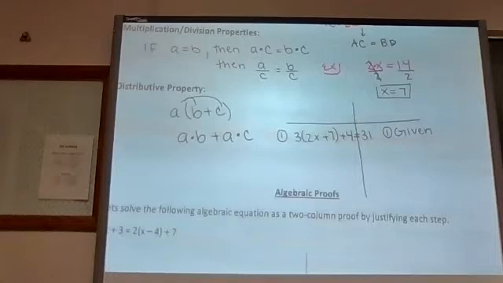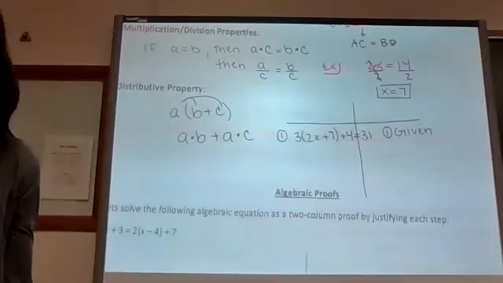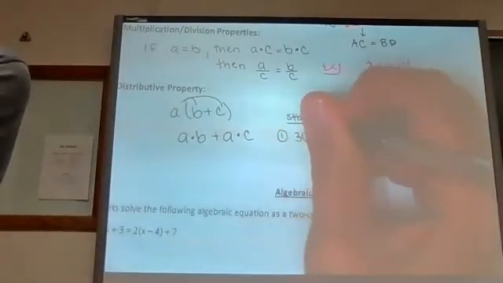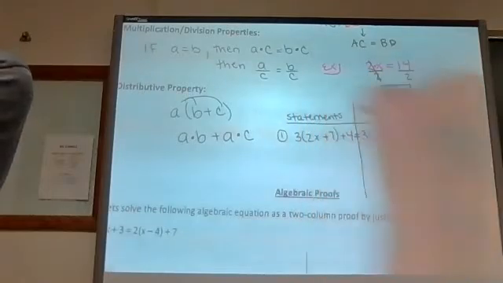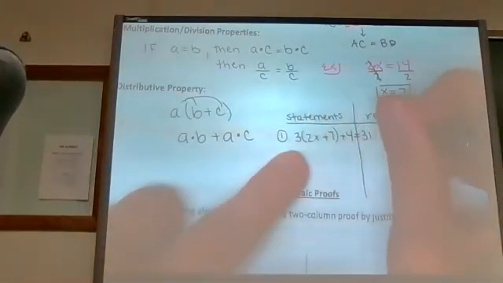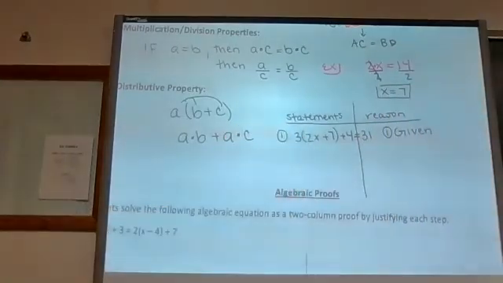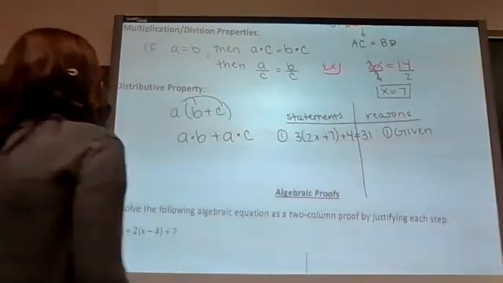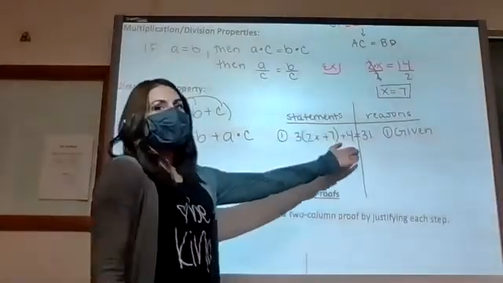Now, what are my two columns? They're not always marked. We can mark this. This is called our statements. So I'm saying this is true. And this is the reason that I'm saying this is true. So statements and reasons. In our algebra proofs, we're just given an equation.